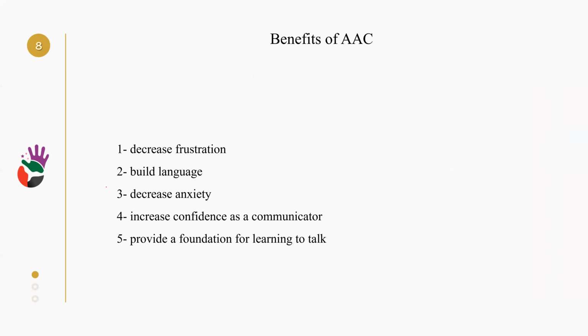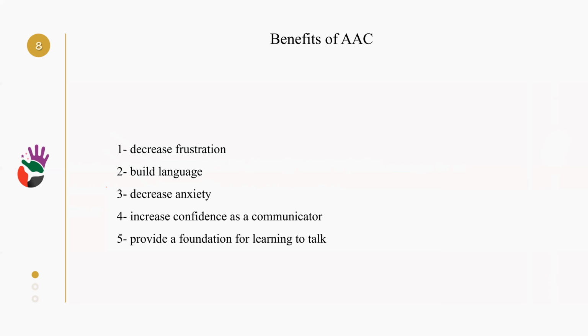The benefit of assistive technology in general and AAC specifically is decreasing frustration. If the child cannot communicate with others, it may make him feel frustrated, and also if he cannot complete or perform a task, it may lead to frustration.